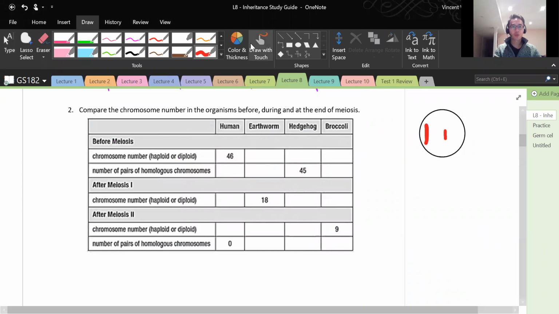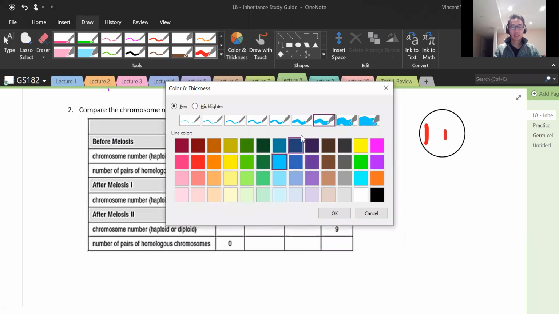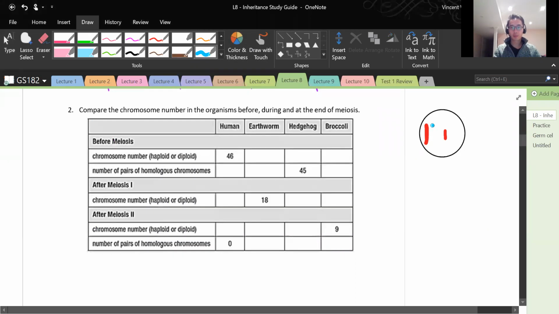Okay, I'm just gonna draw 2, and then we're gonna have the paternal chromosome. So this is chromosome 1 from mom, chromosome 1 from dad, chromosome 2 from mom, chromosome 2 from dad. And so these chromosomes, they are called homologous chromosomes.